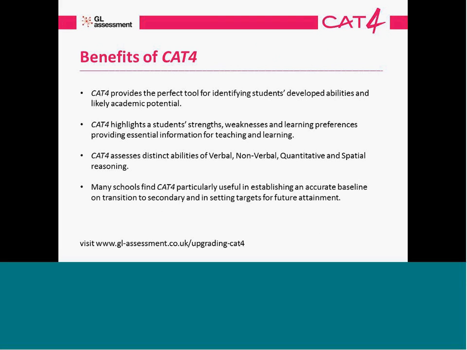Quickly to run through a few of the benefits of CAT4. As I said, we're looking at developed abilities and likely academic potential, and in fact we produce a range of indicators at different levels, for example for the end of Key Stage 2, for GCSE, for A-level, and these indicators are based on very, very large sets of data where we compare CAT4 results with outcomes during a child's school career, based on real data.